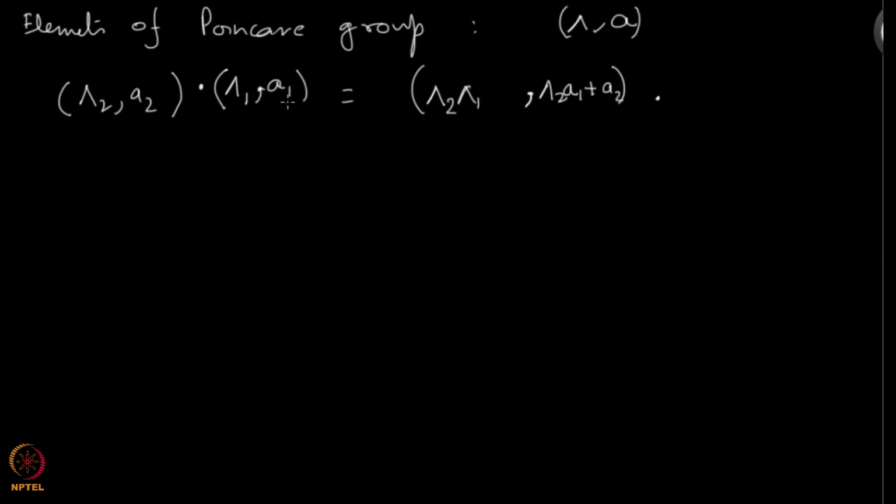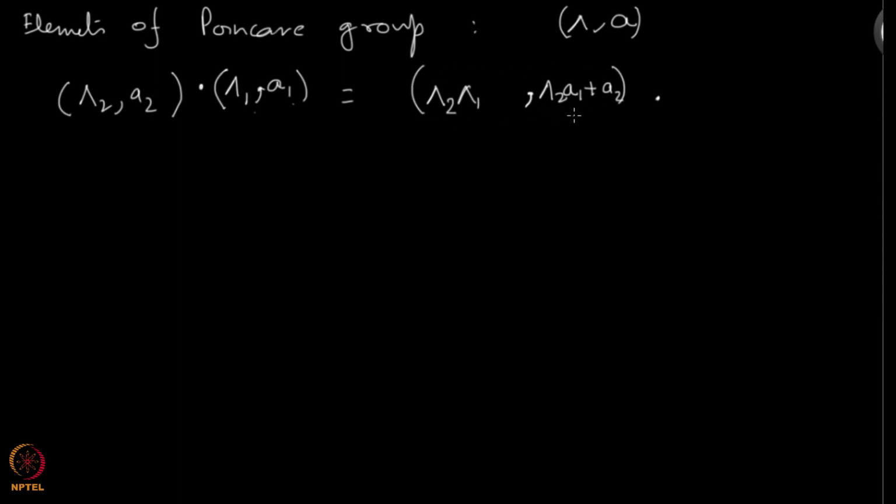Then if I take one transformation which is parameterized by a1 lambda 1 followed by another one which is a2 lambda 2. So I am imagining I am doing a transformation on some x here, first by this and then by that. Then what I get is this piece.